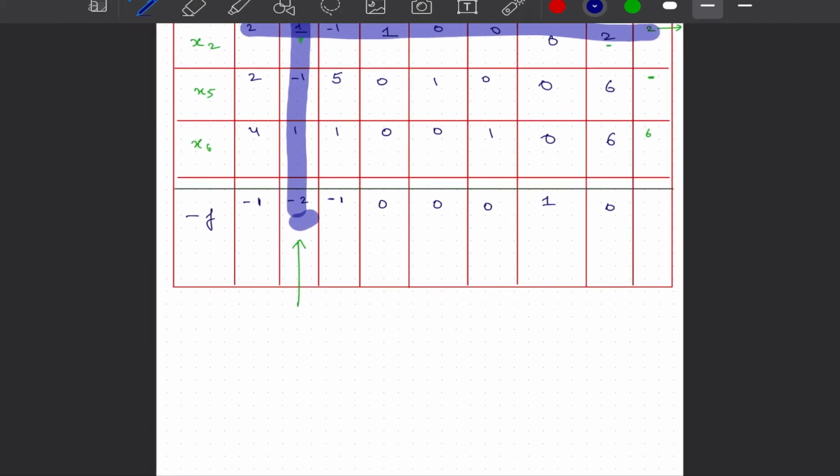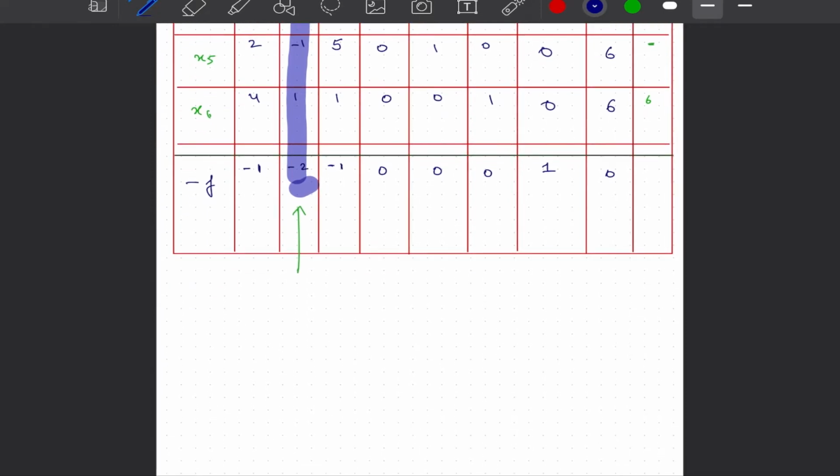So here is the golden rule, or a shortcut, for how we can do this pivoting operation really fast.